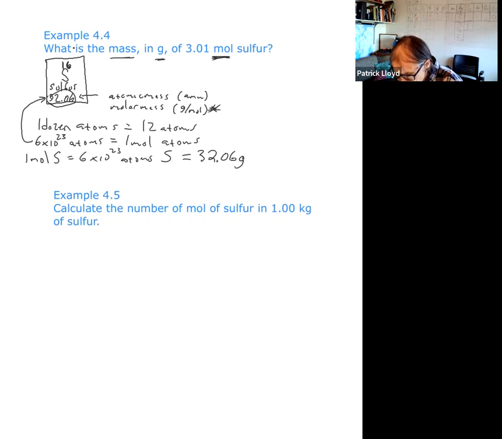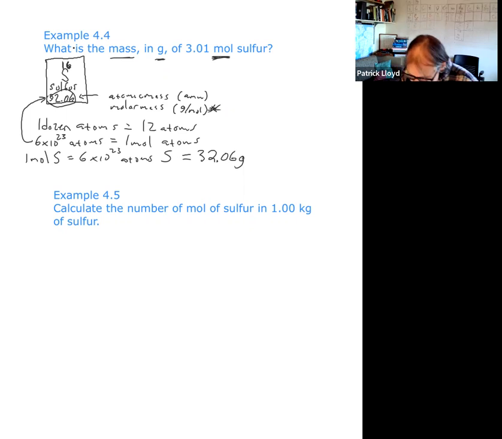G for grams, right? Mass is going to be in grams for these problems. So there are 3 numbers associated with that one number, but you have to intuit that. It doesn't explicitly say in the periodic table that 1 mole of sulfur is 32.06 grams. But that number, 32.06, means 32.06 grams of sulfur equals 1 mole of sulfur. Okay? Then we use that as a conversion.